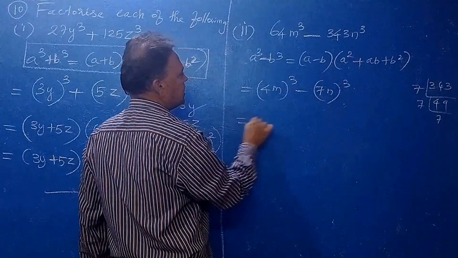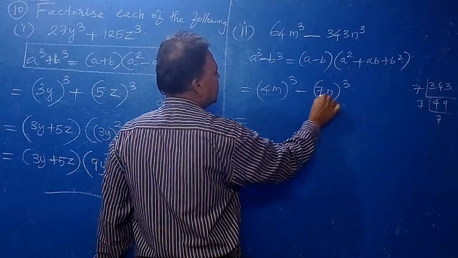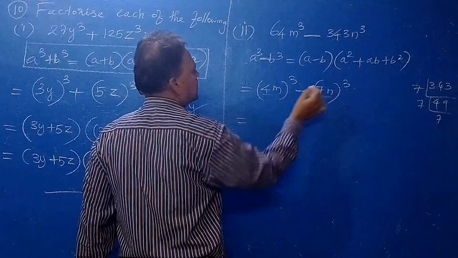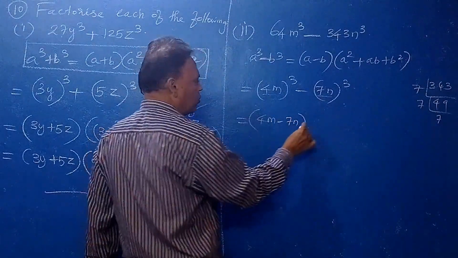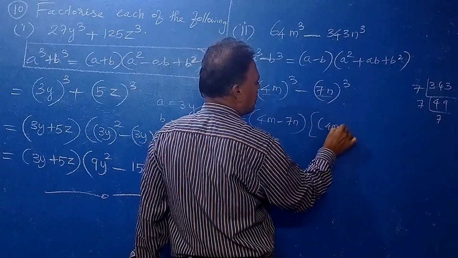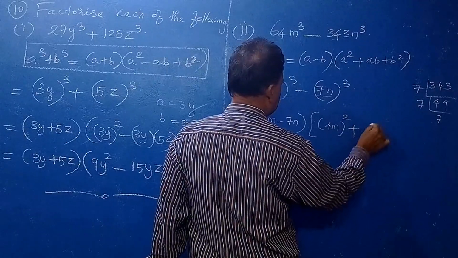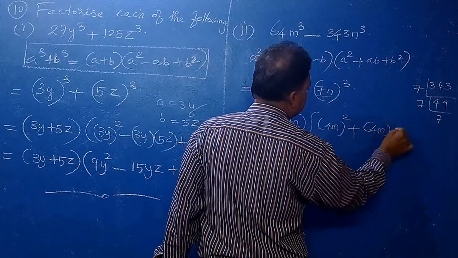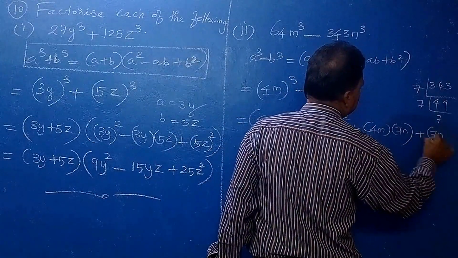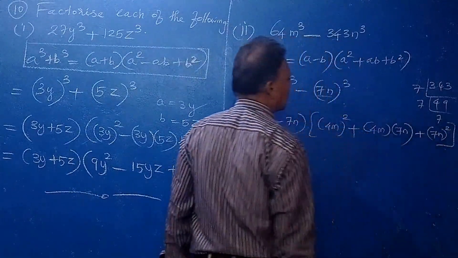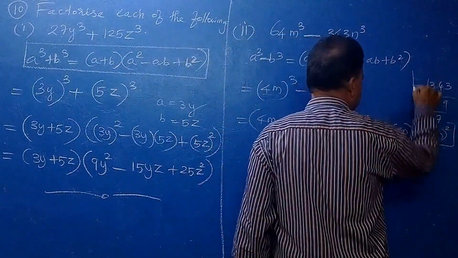So this can be written as a minus b. So a is 4m, b is 7n. So 4m minus 7n into 4m whole square plus 4m into 7n plus 7n the whole square.